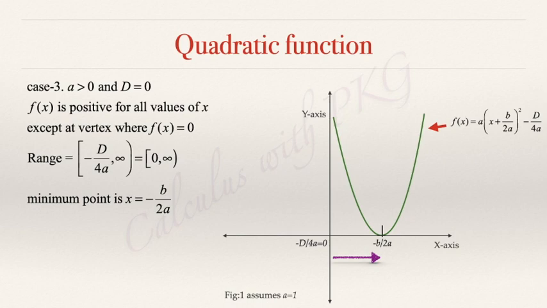So here f of x is positive for all values of x except at the vertex, where f of x equals 0. Now what about the range? You can see easily by looking at the graph. The range is from minus d by 4a to infinity, but here the fraction minus d by 4a is 0. So we can say the range is from 0 to infinity, and the minimum point is again x equal to minus b by twice a.